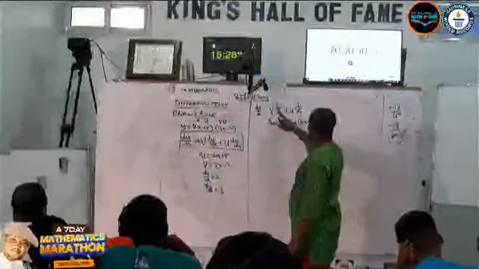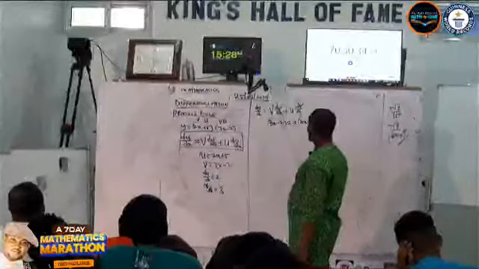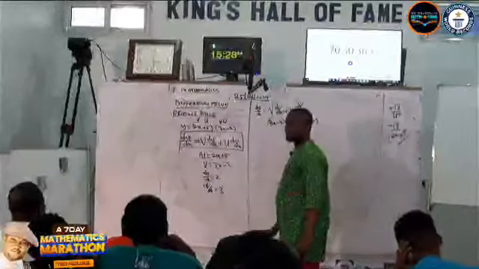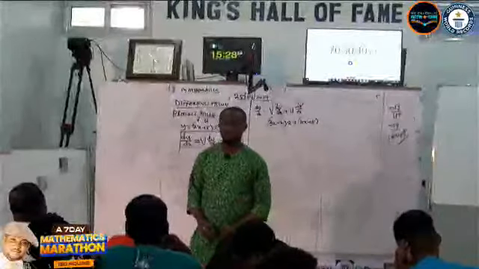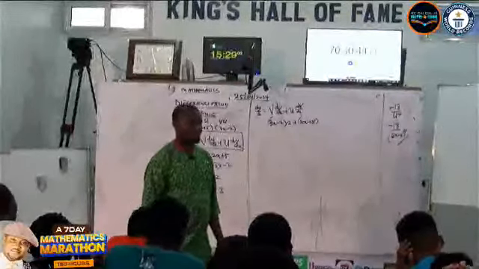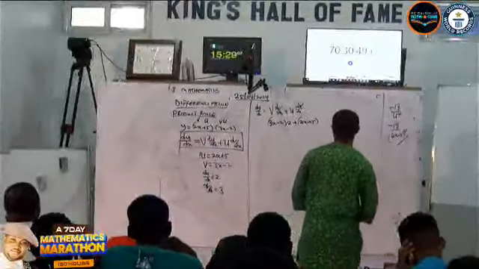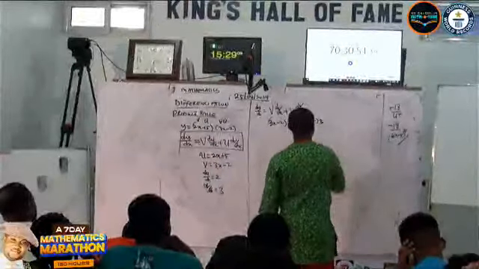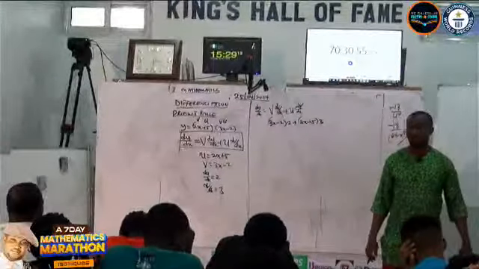This one is du, this one is dv. One is du, one is dv. X is 2. What about the dv over dx? Yeah, that's the thing I'm looking for now.